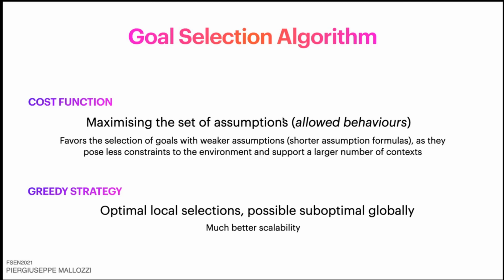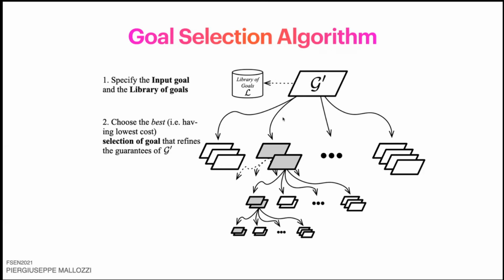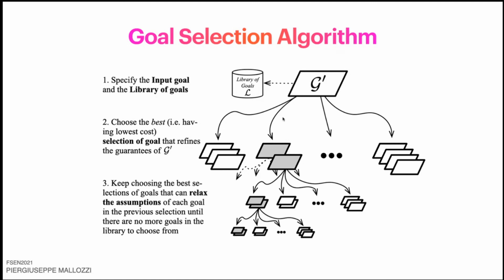So what do we do? We start from the input goal and the library of goals. Then at each iteration we choose a selection of goals that refines the guarantees of the input goal, and we keep choosing the goals that relax the assumptions of each goal, meaning that they can discharge them, as we have seen before, where the communication assumption was discharged because another component was guaranteeing it.